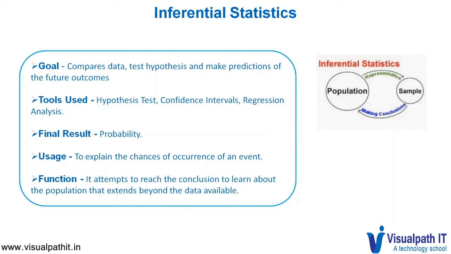Inferential statistics is primarily used to explain the chances of occurrence of an event, which is again probability. So it attempts to reach conclusions to learn about the population that extend beyond the data available.